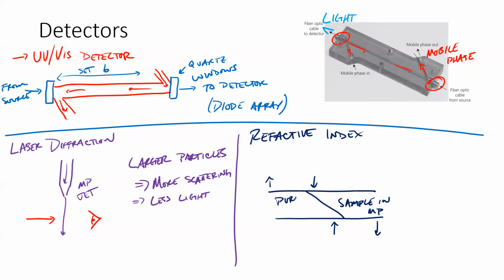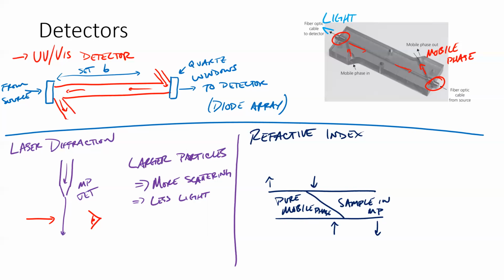This side would be pure mobile phase. Right. So after you do your mixing to get whatever mobile phase you're interested in, you'd have to split that so that the pure mobile phase without any sample in it goes to the detector, but also the mobile phase that goes through the injection loop and through the column also goes to the detector, right?